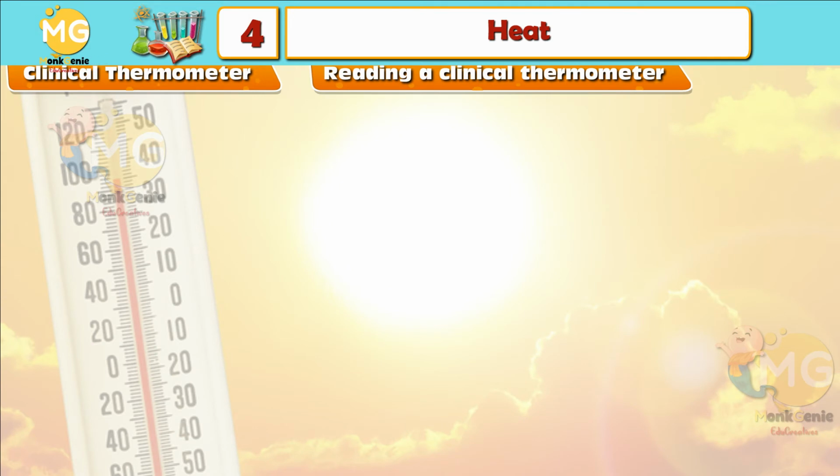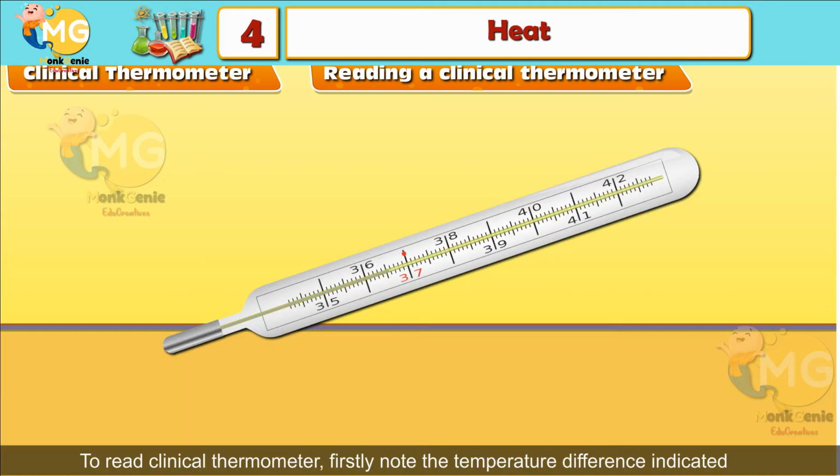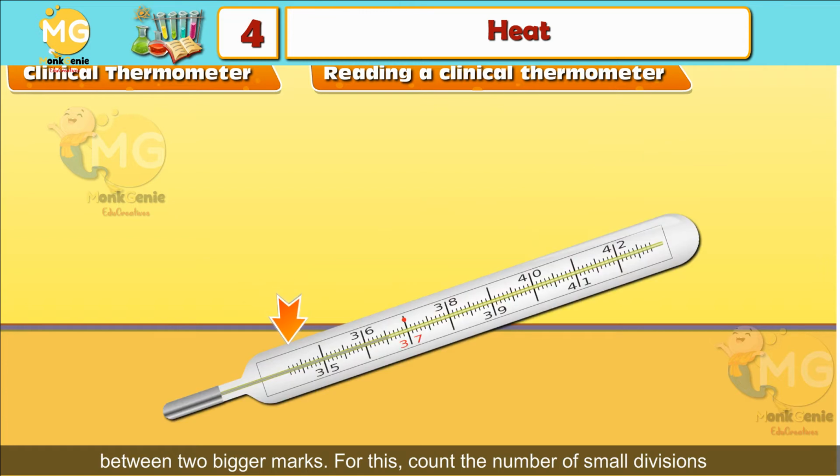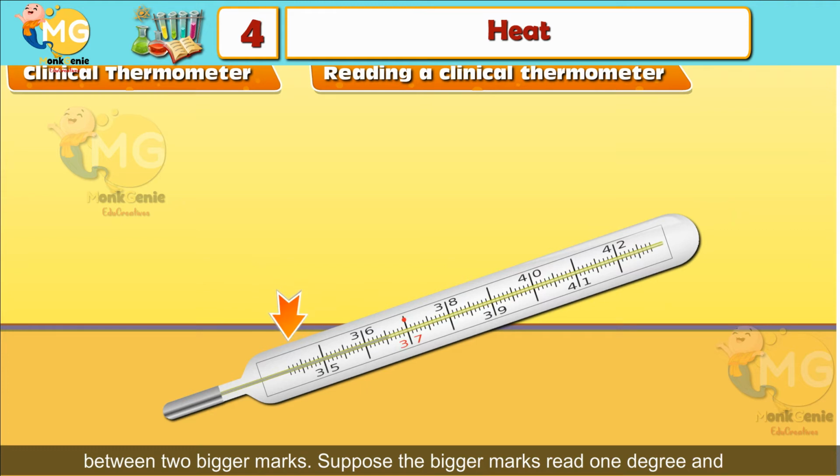Reading a clinical thermometer. To read a clinical thermometer, firstly note the temperature difference indicated between two bigger marks. For this, count the number of small divisions between two bigger marks. Suppose the bigger marks read 1 degree and between two bigger marks there are 10 small divisions.